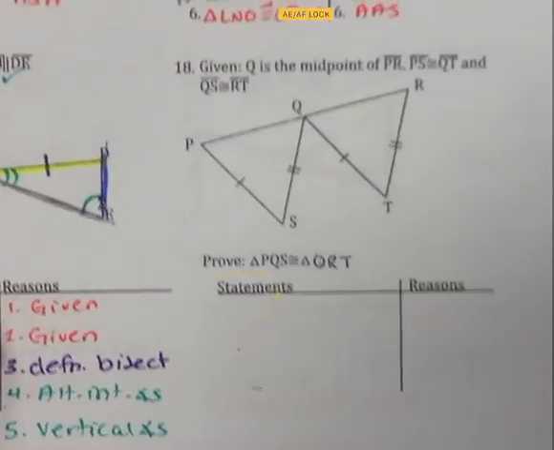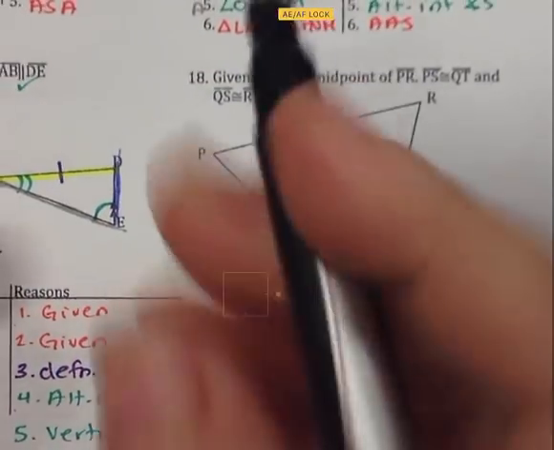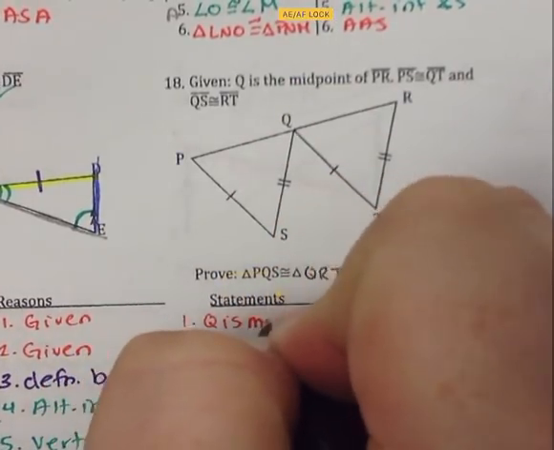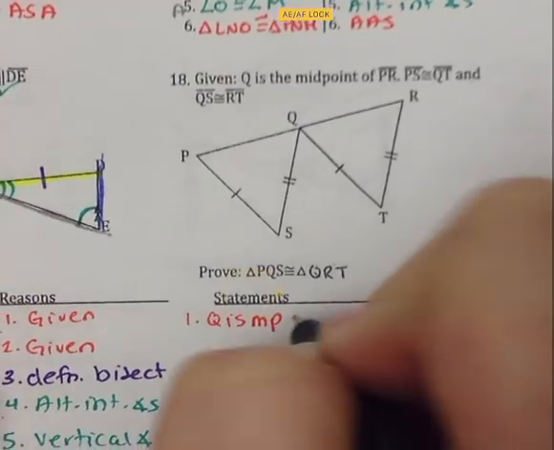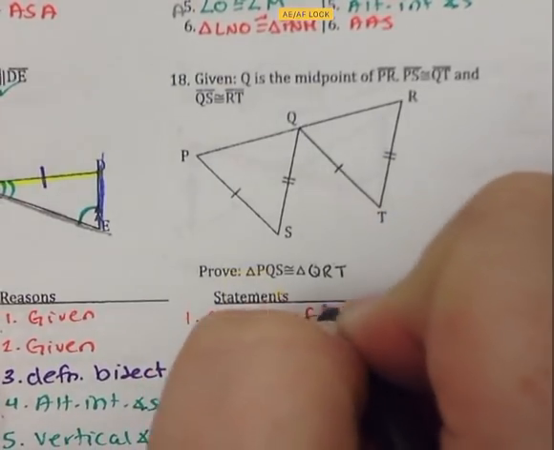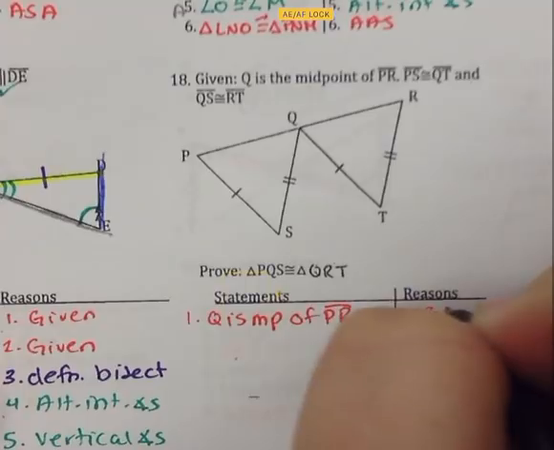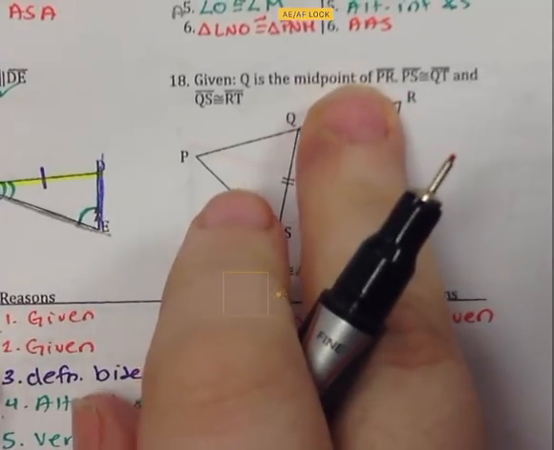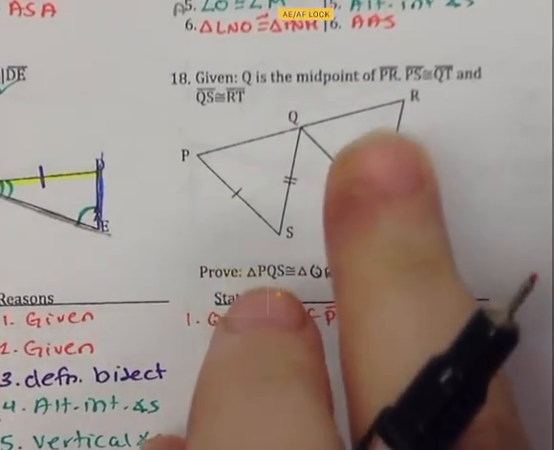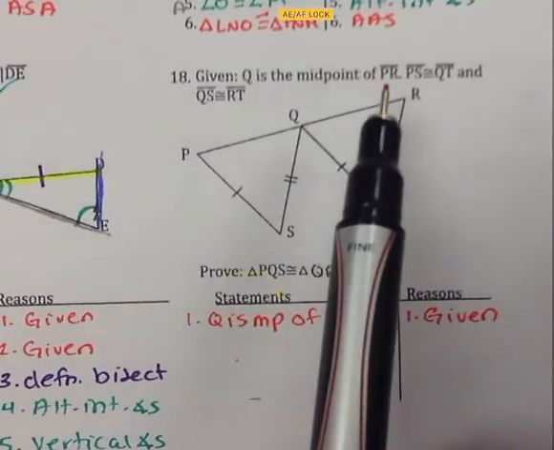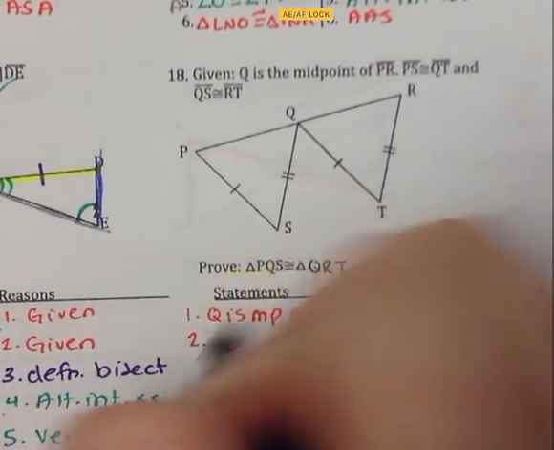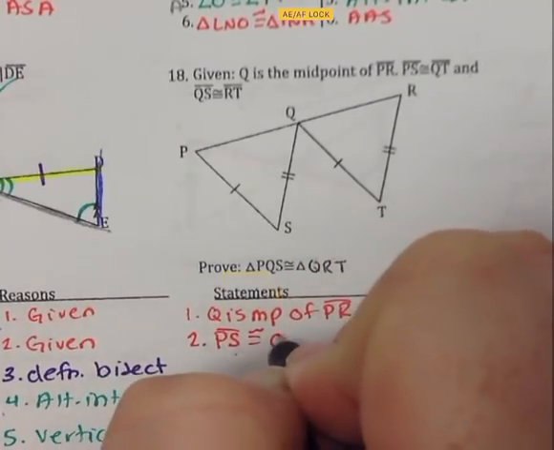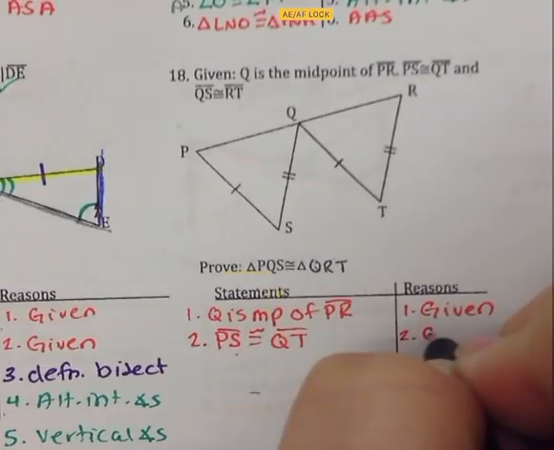This last example, statement 1 is Q is the midpoint, I'm just going to put MP, of segment PR because it's given. Now, normally I would write this out all the way, exactly as it says, but having little room, I can't here. So I can't mark that yet. So I go to statement 2, segment PS is congruent to segment QT because it is given.